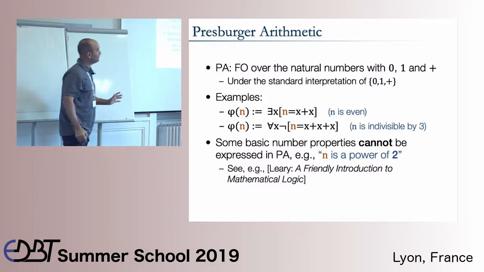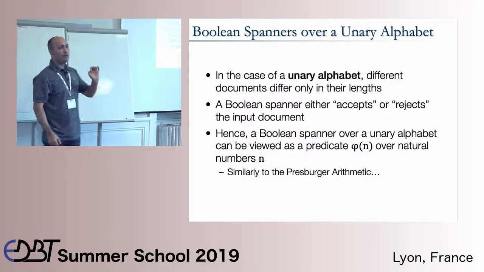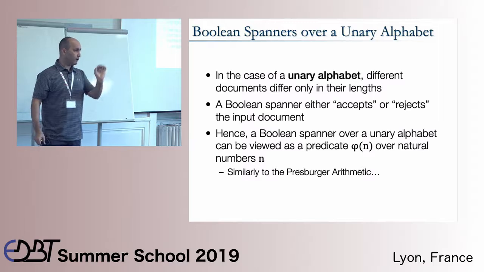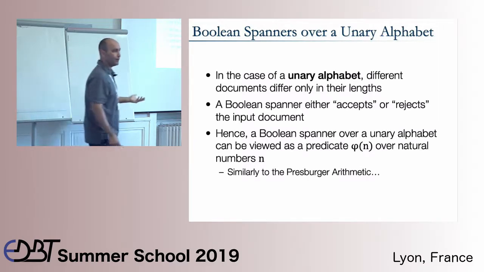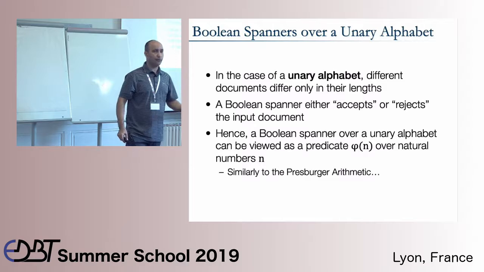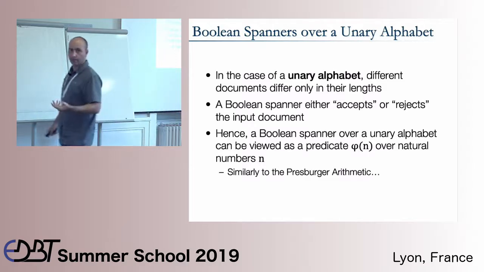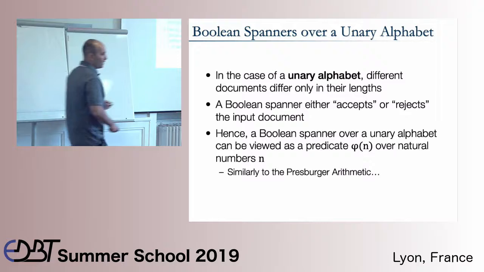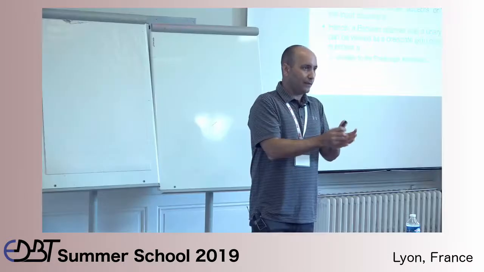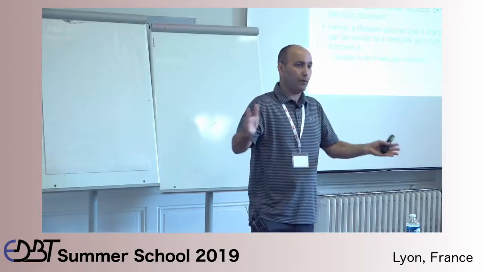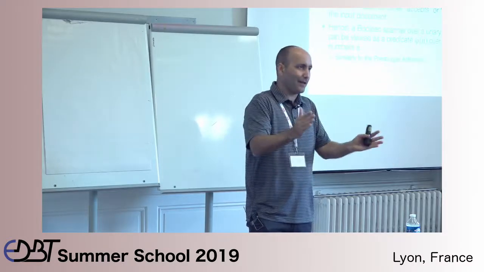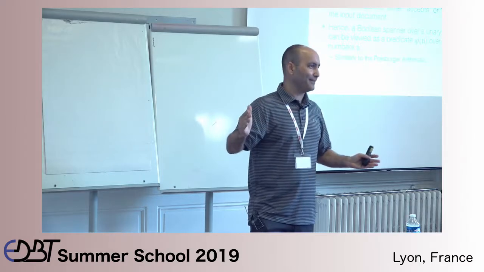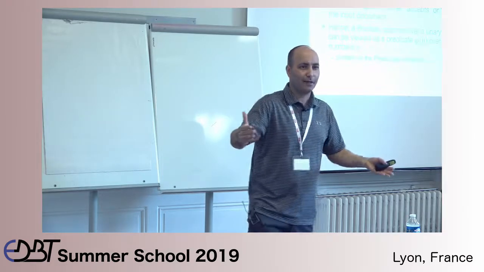How is it related to what we were doing? Well, think of the case of a unary alphabet. You have only one symbol in the language. Not a very interesting case, but it gives us some way of reasoning about the expressiveness. If you have only one symbol in your alphabet, then all of the strings are basically the same, except that they have different lengths. So a string is really an encoding of a number.